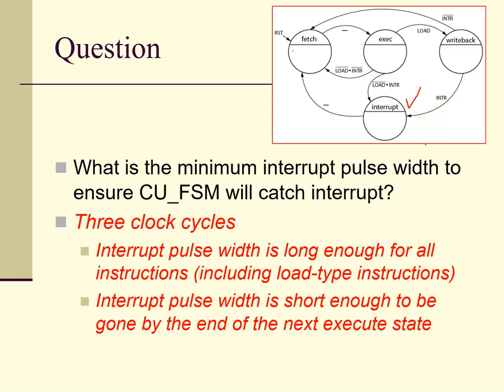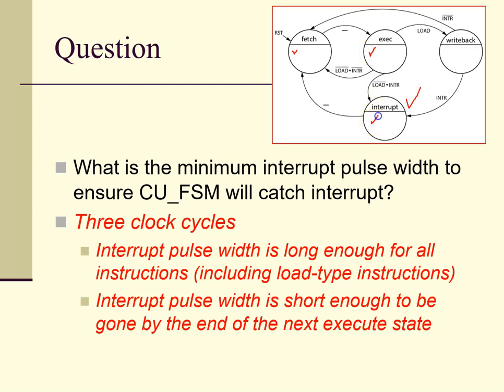So the question you have to wonder is, is 3 clock cycles too long for a non-load instruction? It may be too long, such that I go back to the fetch cycle and that same 3 clock cycle interrupt generates another interrupt. Let's look at it. If it's 3 clock cycles long, it turns on here. It's still existing there.